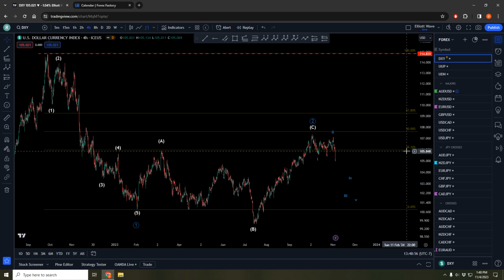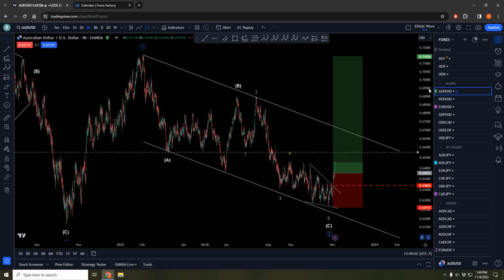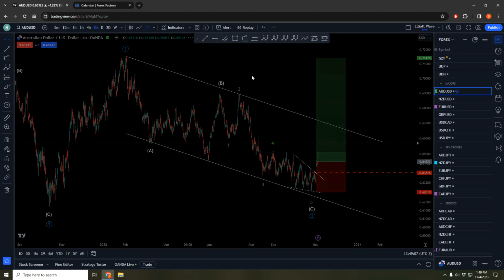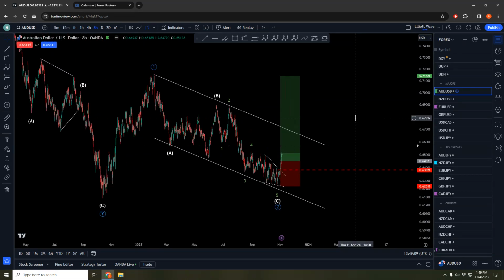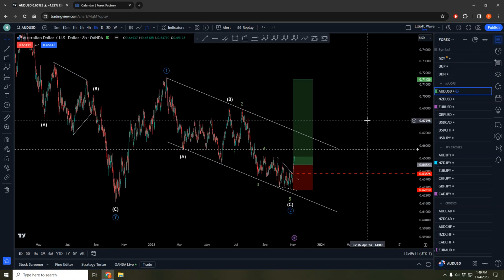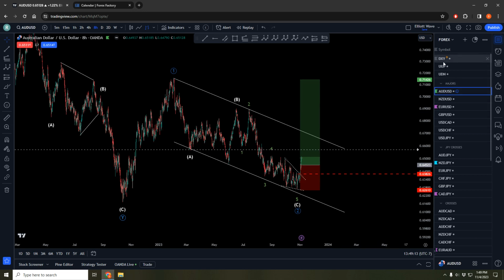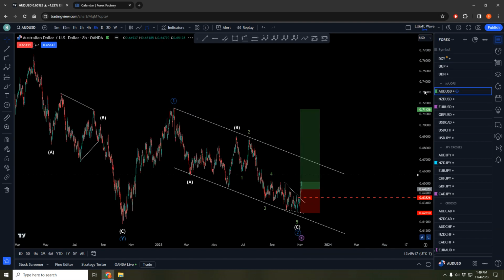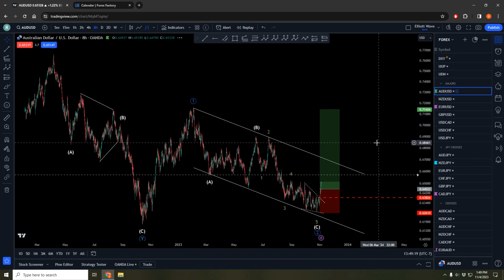What we can do is confirm that bias with our individual pairs, just to see how it might measure up. Looking at Aussie dollar, I think the outlook here is confirmed. We're expecting dollar weakness on our dollar index chart. That would imply a move up here in the Aussie dollar pair.